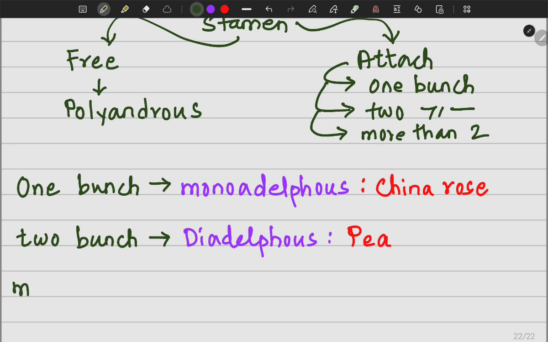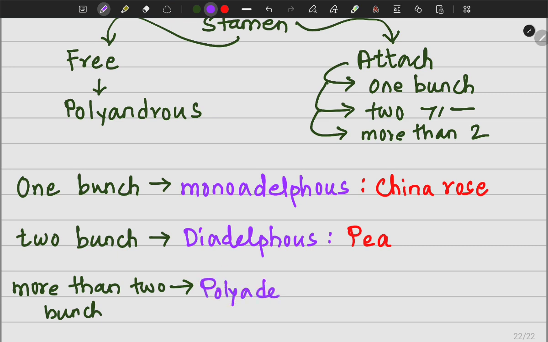If more than two bundles are found, such condition is called polyadelphous, as in the case of citrus plants.